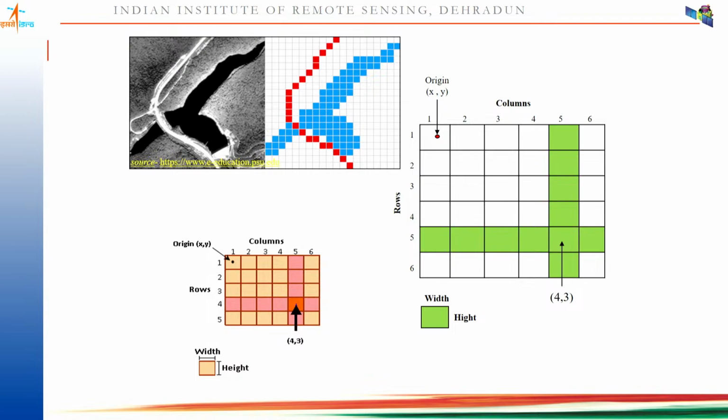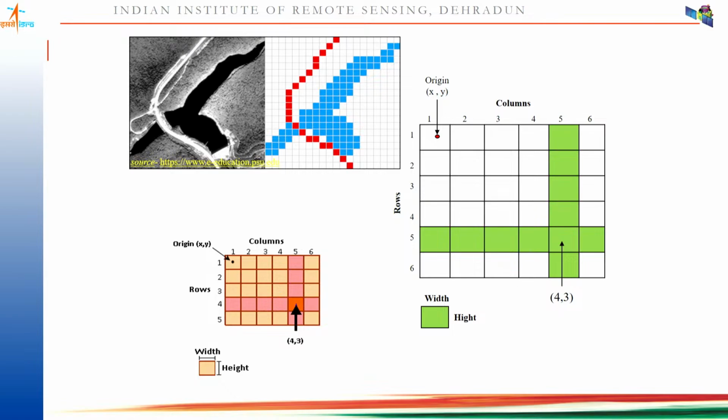So this is a typical example of how it is stored in the case of raster. You can see this is a satellite image, or maybe a high resolution image here. And in this image, if geographical features are highlighted or values are stored in a particular pixel, it will be shown like this. And when you store this data into your computers, or in a database system or file system, basically it will be stored in the form of rows and columns, a matrix.